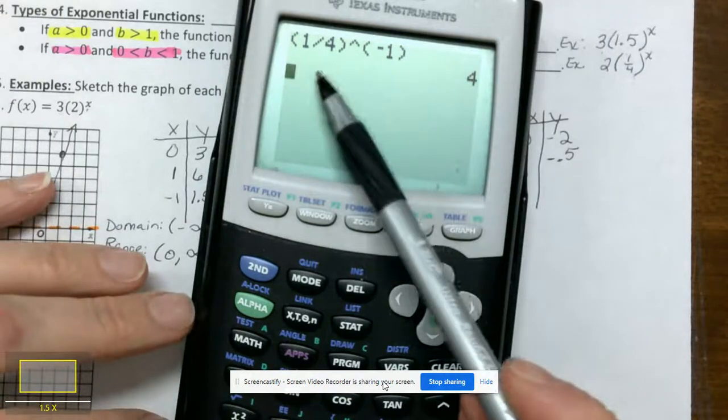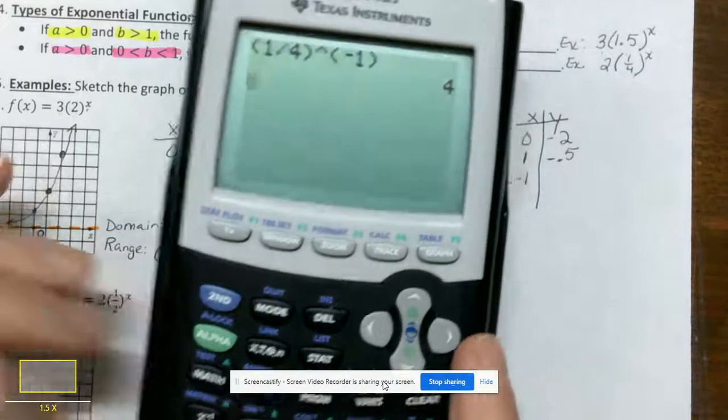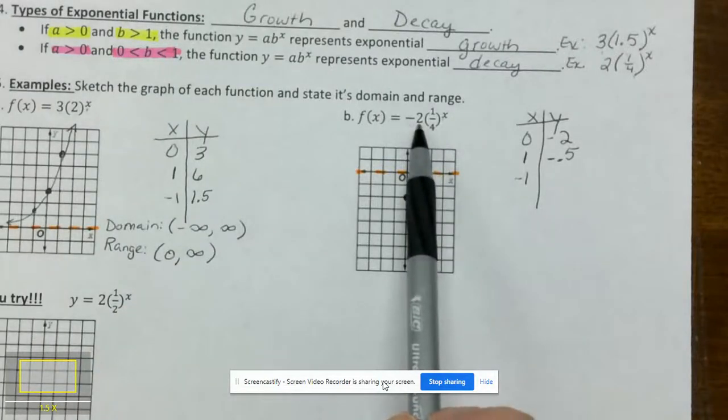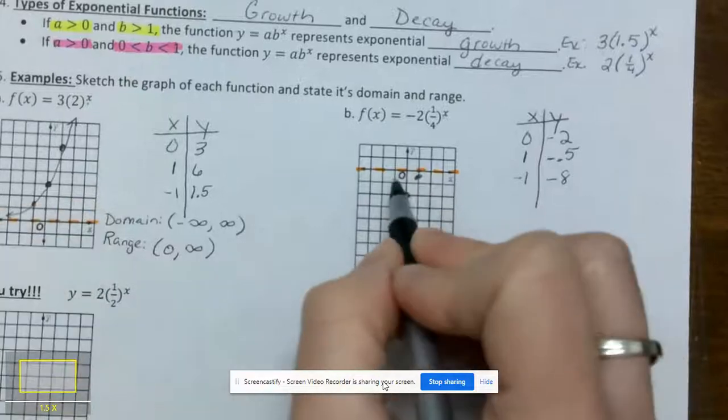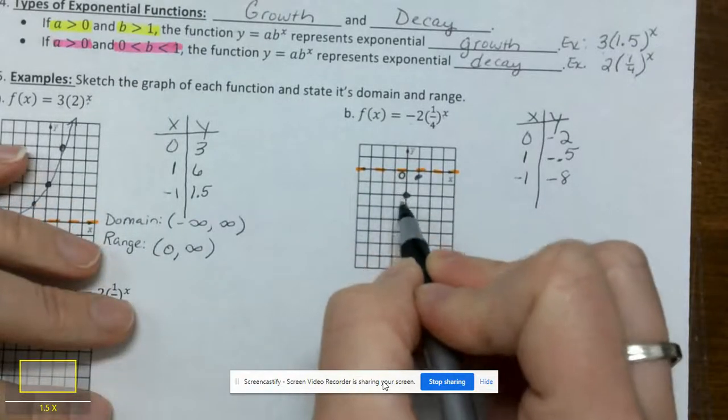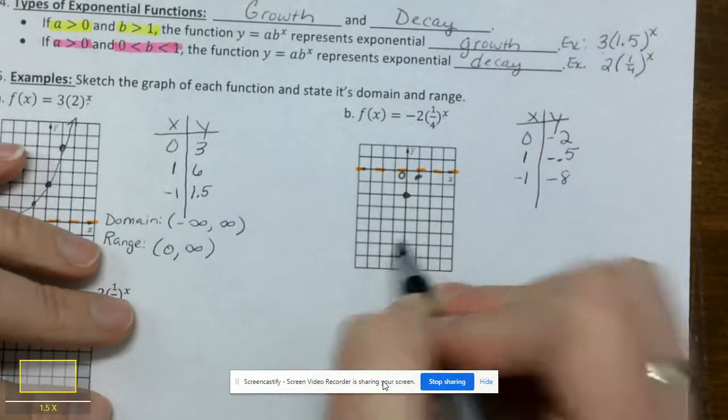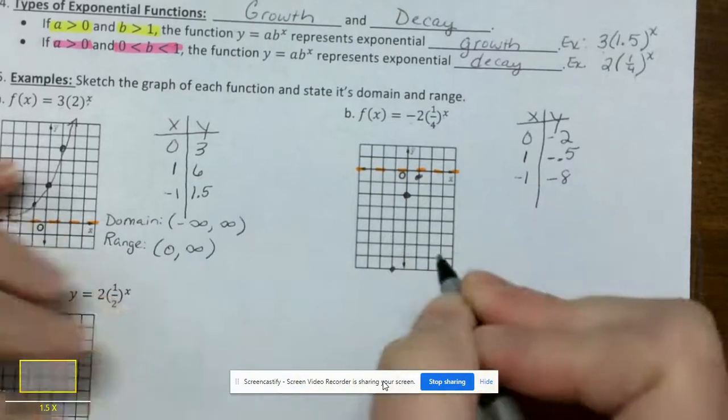Basically what you do is flip that. So 4 times negative 2 would be negative 8. So negative 1, negative 8. That's all the way down here.